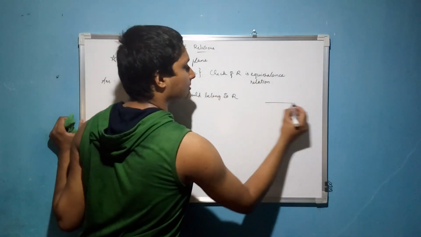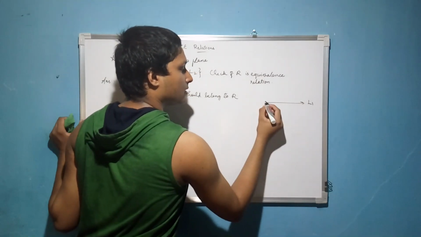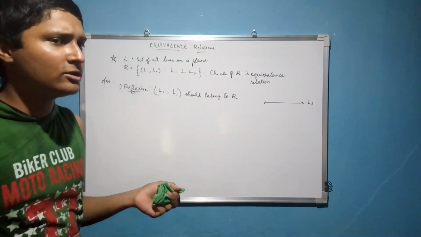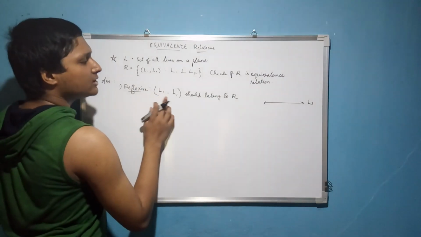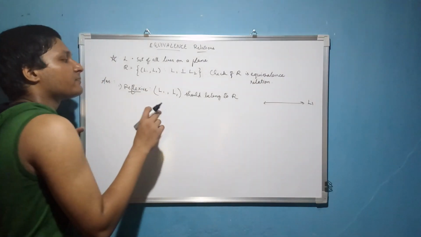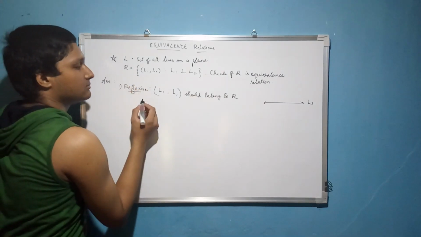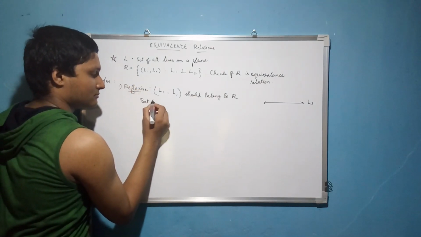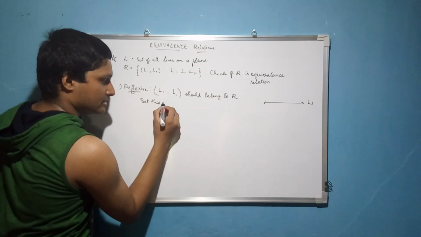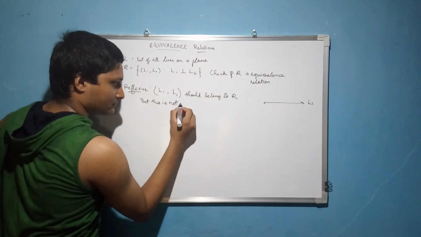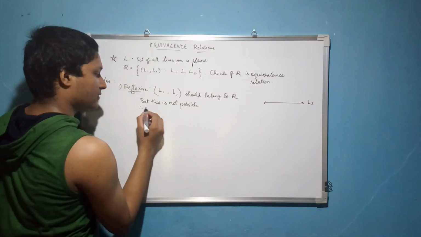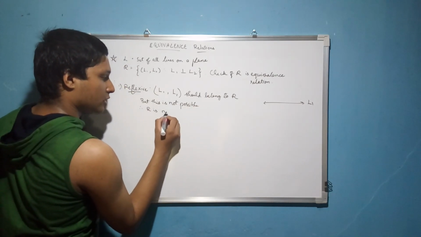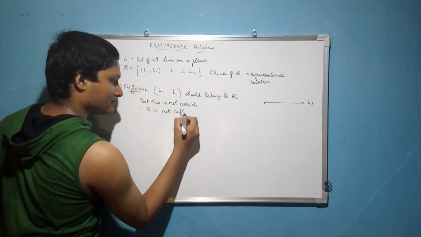Say a line here, L1. Can the line be perpendicular to itself? It's nonsense. That means (L1, L1) cannot be an element of this relation. This is not possible. Therefore, R is not reflexive.